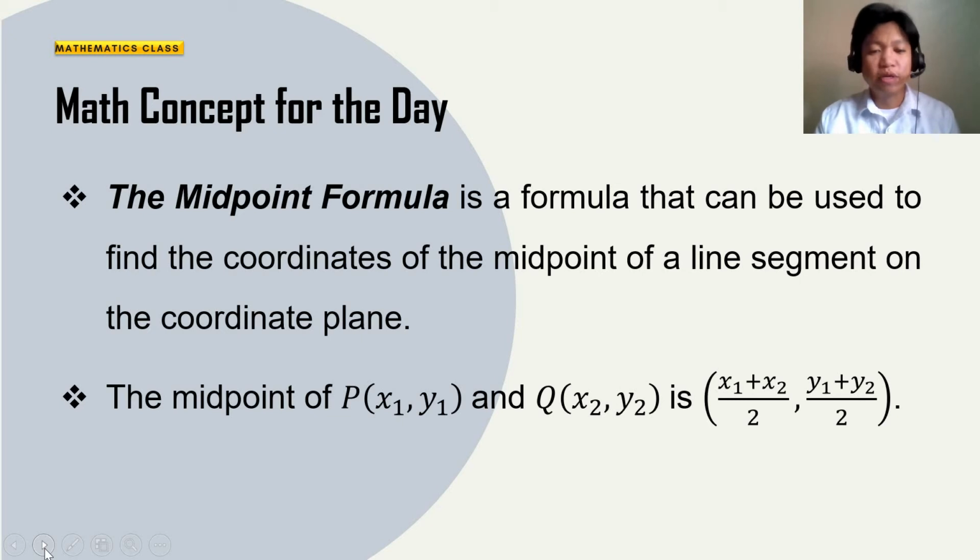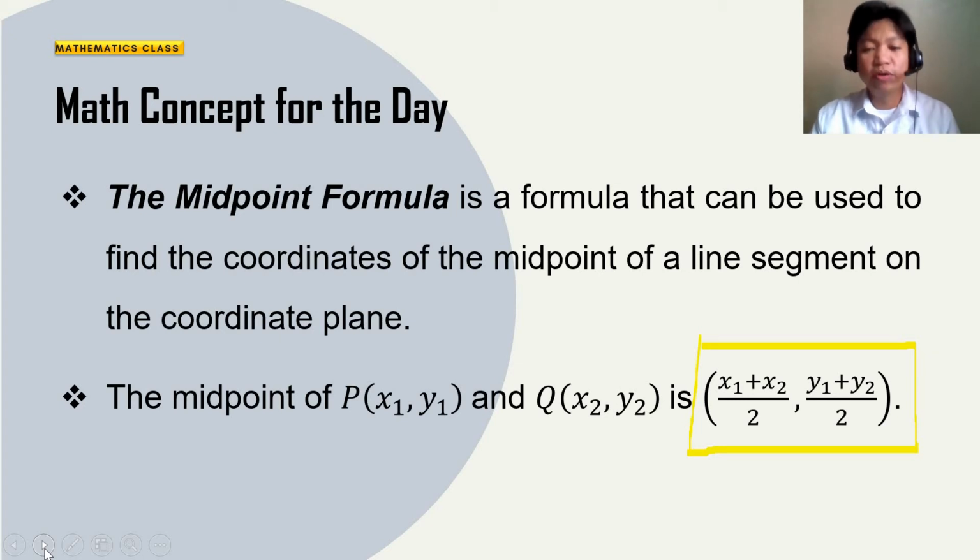So we have here point P with the coordinates x sub 1, y sub 1, and then you have point Q, x sub 2, y sub 2. So the formula would be this. Ito yung ating magiging formula ngayon. Okay, ayan. So that is the quantity x sub 1 plus x sub 2 all over 2, and you have y sub 1 plus y sub 2 all over 2.